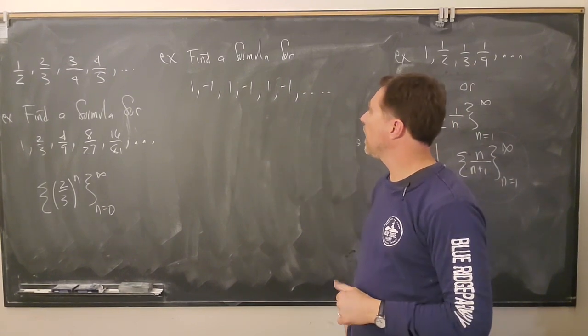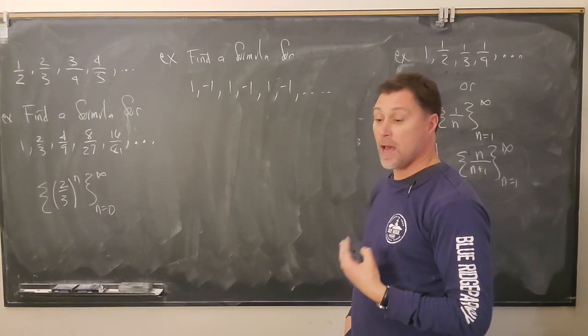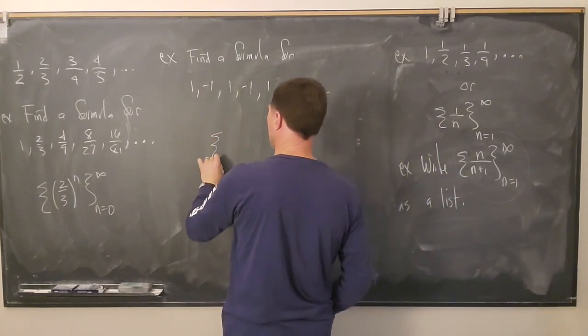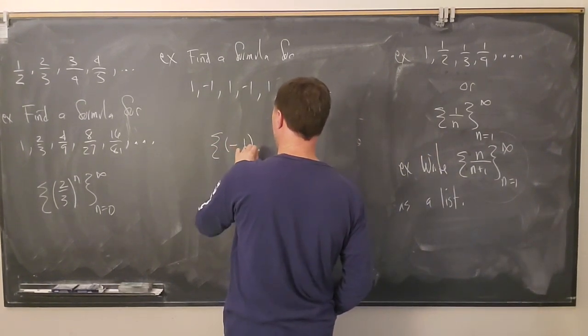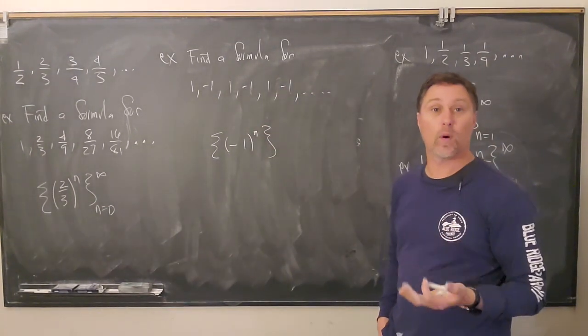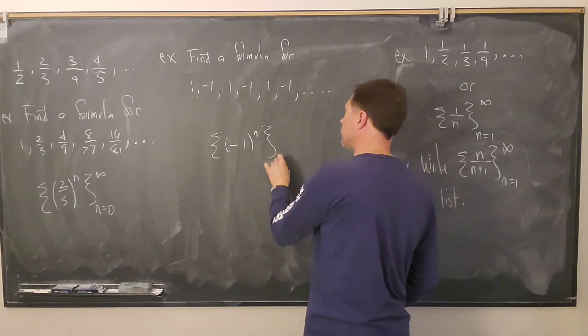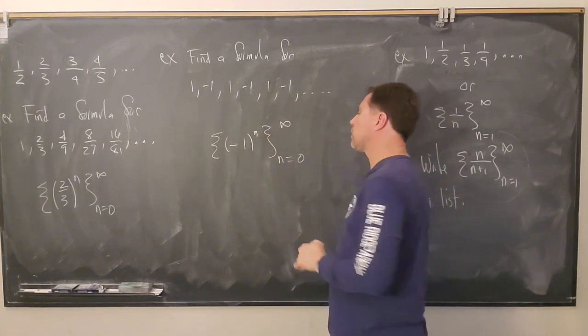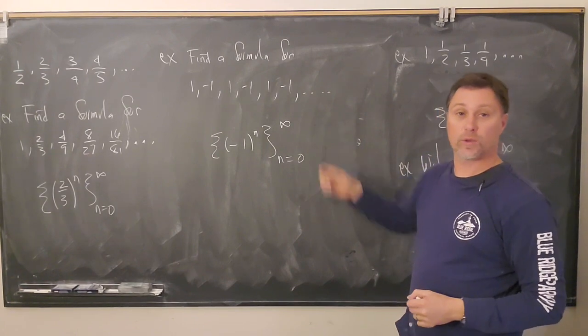Hopefully everybody can see that the way to accomplish this by formula is to take powers of minus 1. When n is even, we will get positive 1. When n is odd, we'll get negative 1. So this would be the sequence minus 1 to the n, where n goes from 0 to infinity.